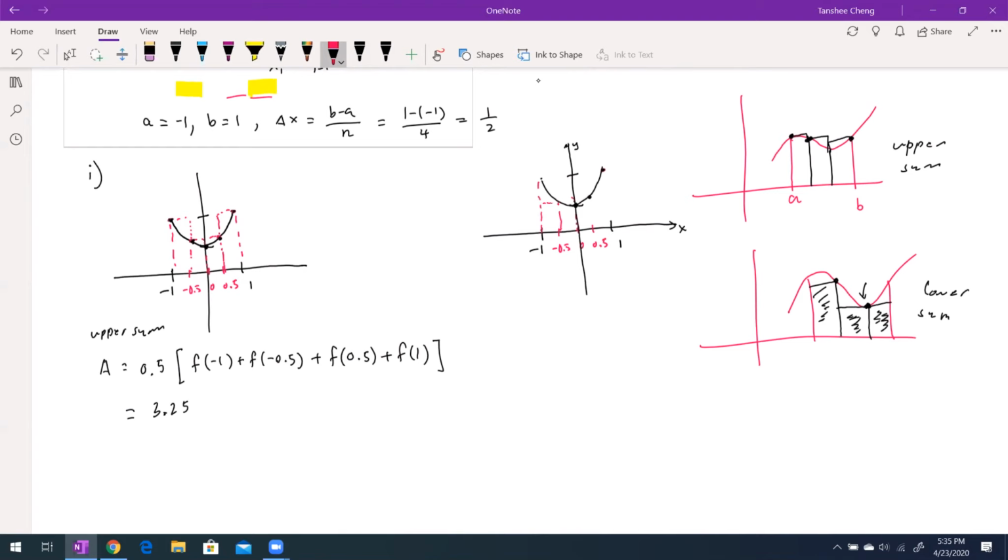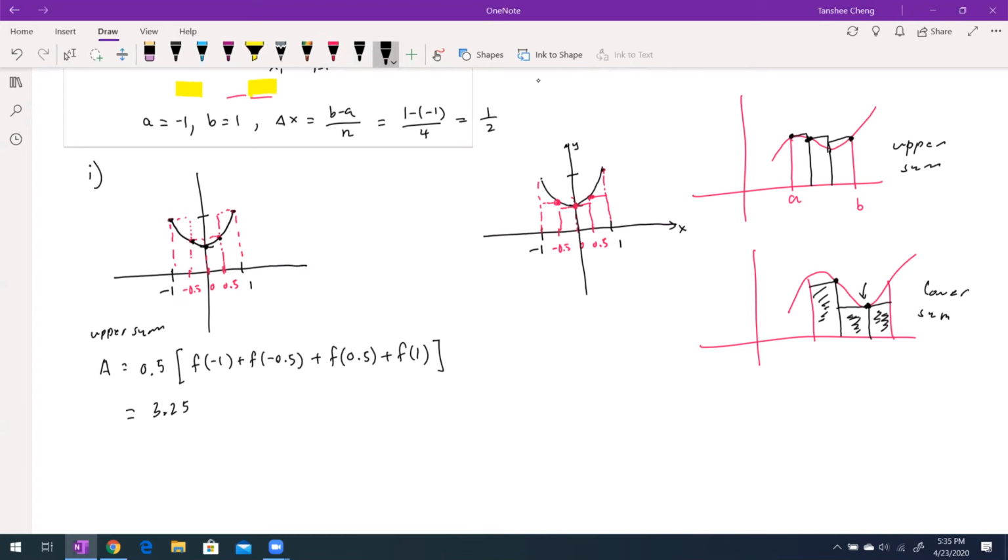So now for the same graph, we want to do a lower sum. Then that changes. First rectangle for the lower sum, this will be the point. The second rectangle, the lower point, this will be the point. And for the third rectangle, this will be the lower point. So the same number we're going to be using twice. And then the fourth rectangle, the lower sum will be this one.